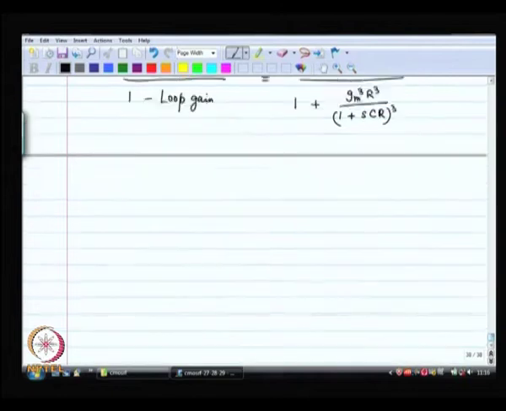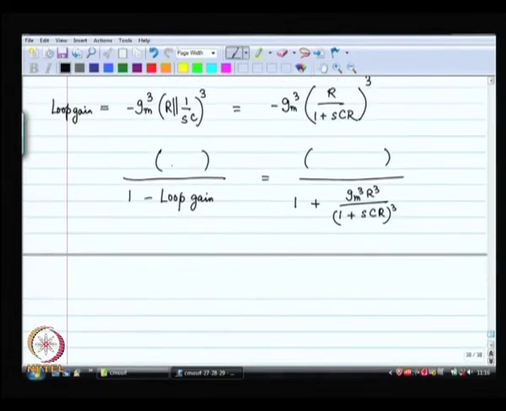Right. And really what this means is that you have got something times 1 plus SCR the whole cubed divided by 1 plus SCR the whole cubed plus GM cubed R cubed.